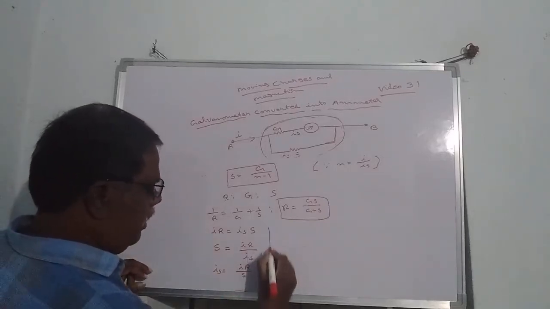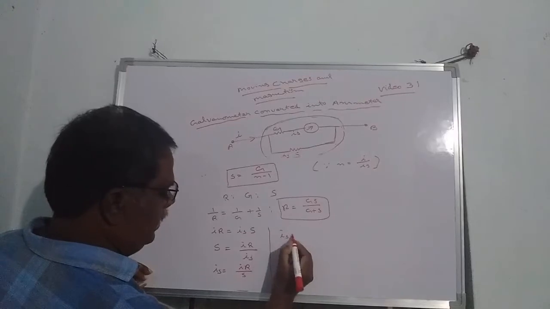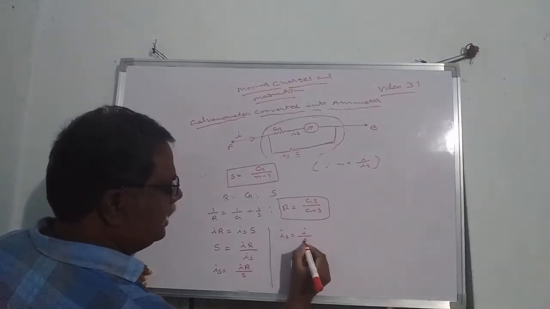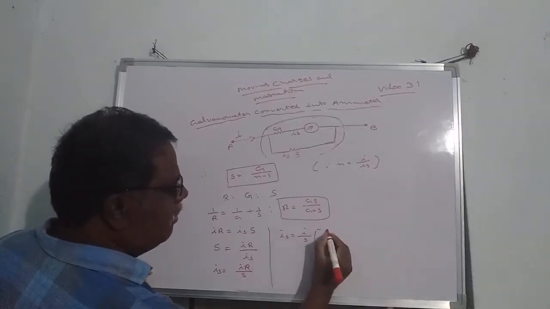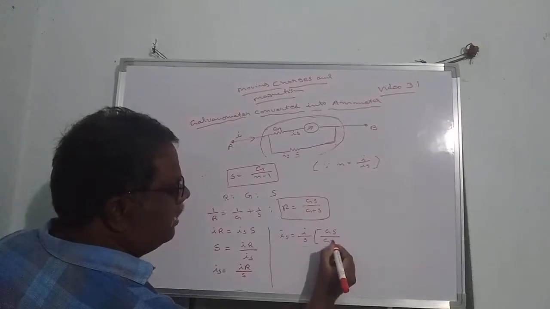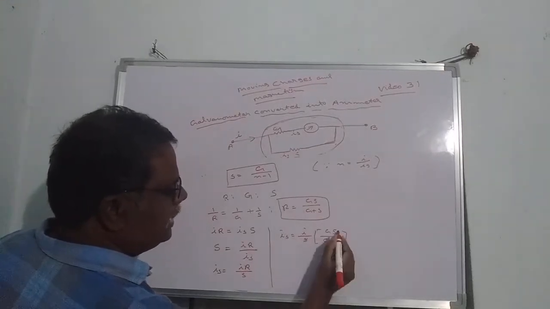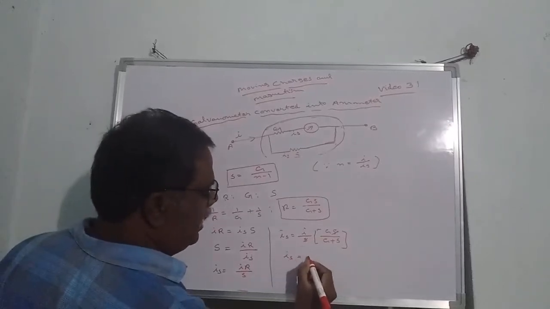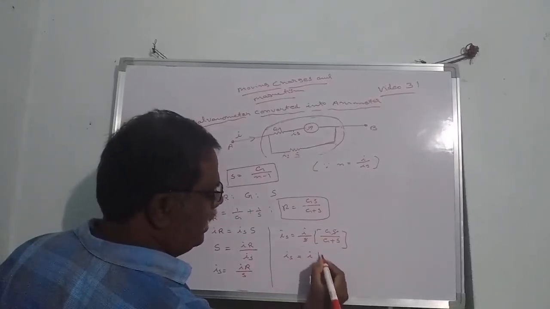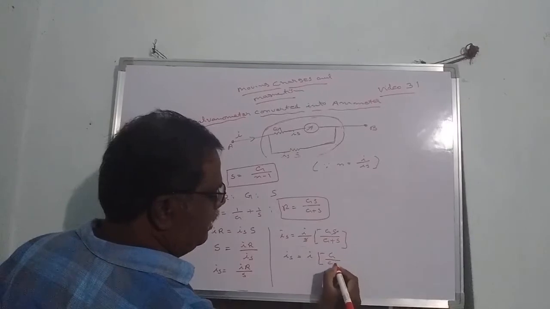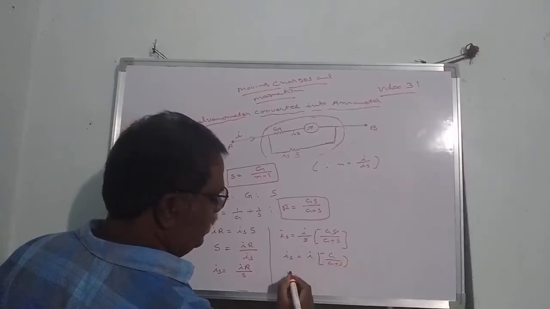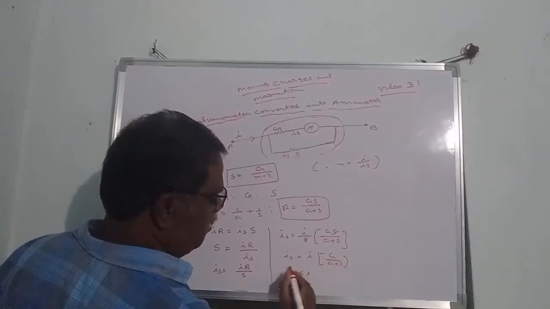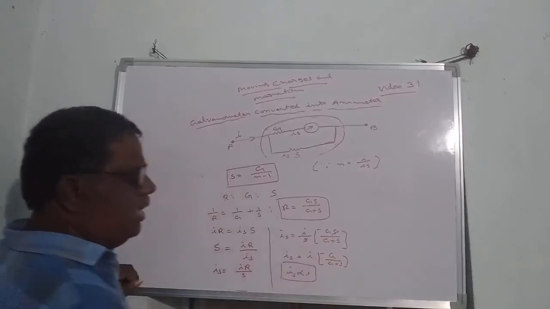Again the R value will be equal to GS by (G plus S). Again S and S will be cancelled. Then what remains? The shunt current Is is equal to I into G by (G plus S). Here also the shunt current is directly proportional to the total current.